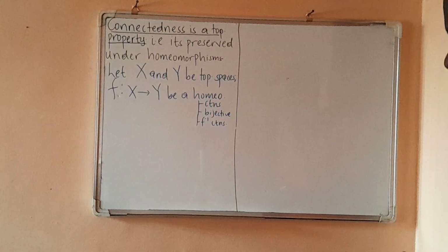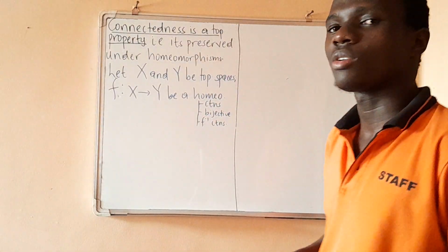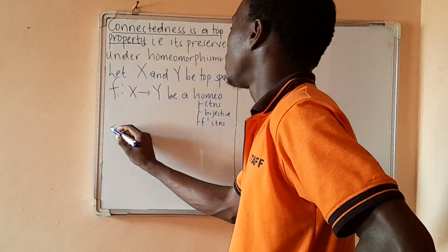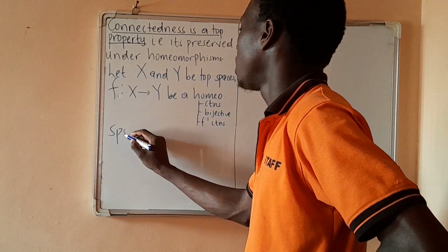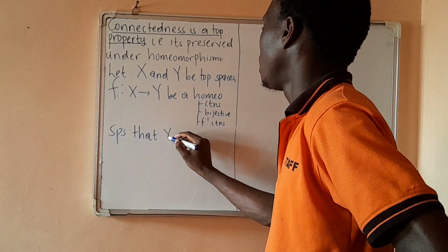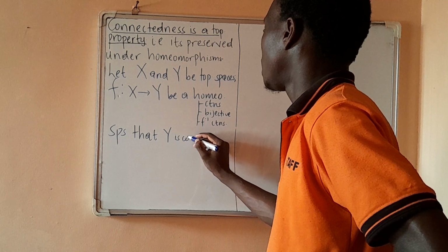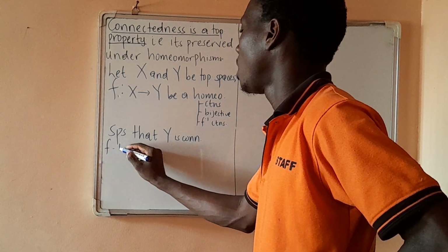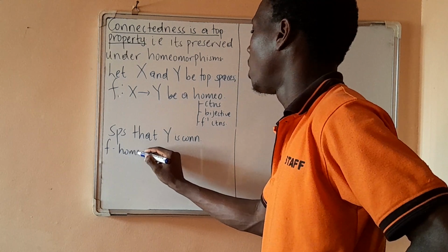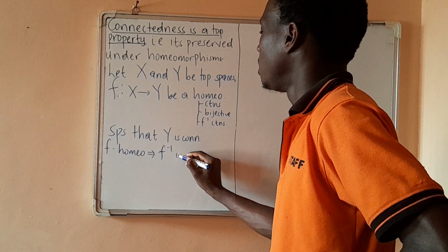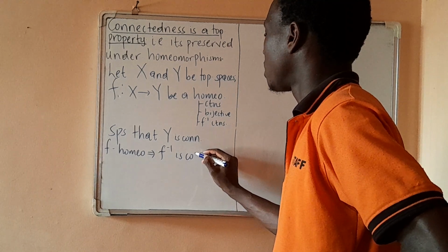So what are we going to do? In this case, I'm going to suppose that Y is connected and prove that X is connected. So suppose that Y is connected. f is a homeomorphism, implying that f inverse is continuous.